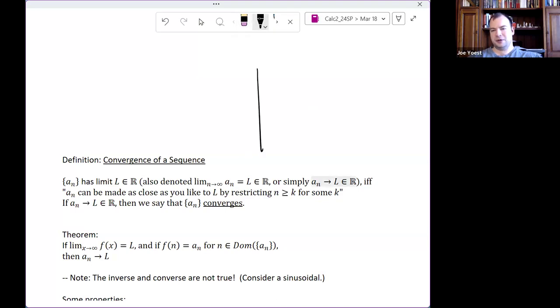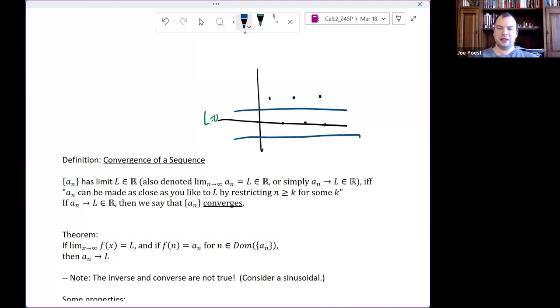If I have a situation where I do something like, I'm up here, and then it's 0, and then here, and then it's 0, and then here, and then it's 0. And if I thought my limit was 0, well, I can always find, no matter how far out I am in the sequence, a number that's within some small corridor of L equals 0.